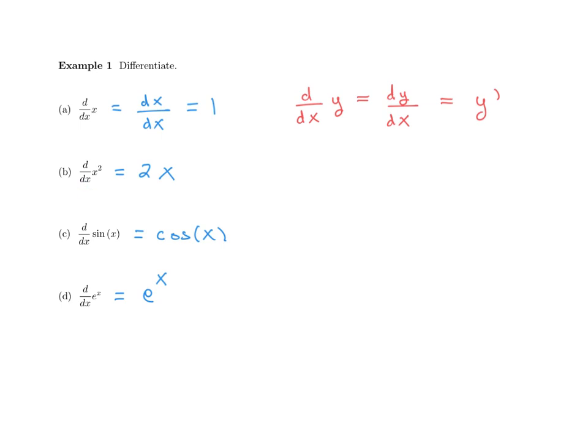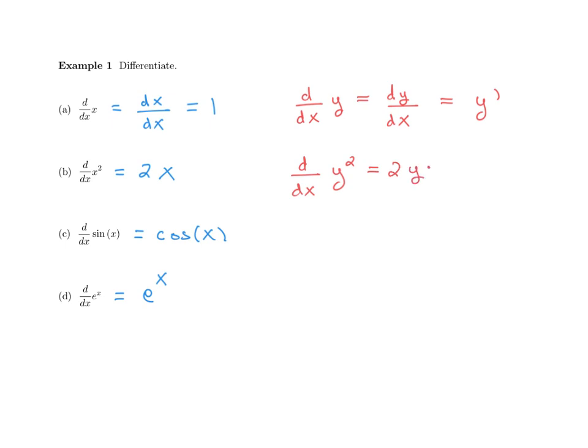Well, what about something like this? What if I said, what is the derivative with respect to x of not x squared, but y squared? Here, the same process will work. I see something squared, so I bring down the 2, copy down the y, and subtract 1 from the exponent. So I get 2y to the first.